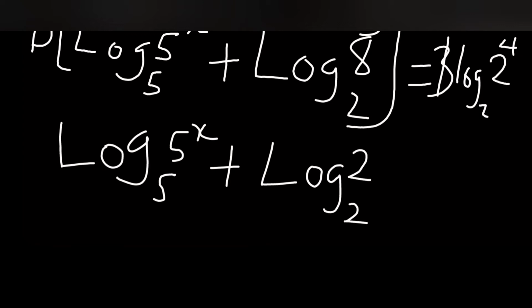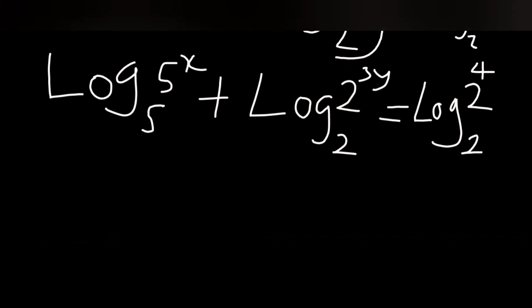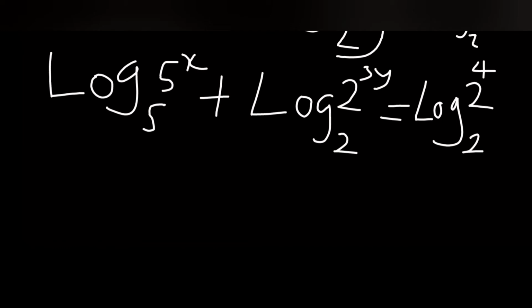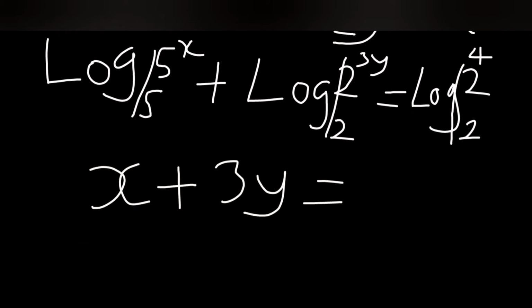You put 8 in index form, that's 2 raised to the power of 3, but remember your y, then log base 2 of 2 raised to the power 4, which you also know as 16. So to bring it into a more preframable simultaneous equation, we can just cancel out all of these logarithms, all these bases. So we are left with the power. So now we take the power: x plus 3y is equal to 4. So this is equation 2.